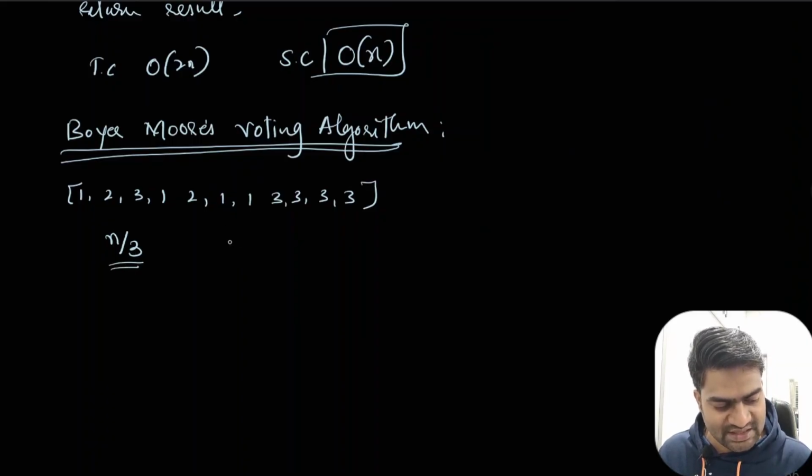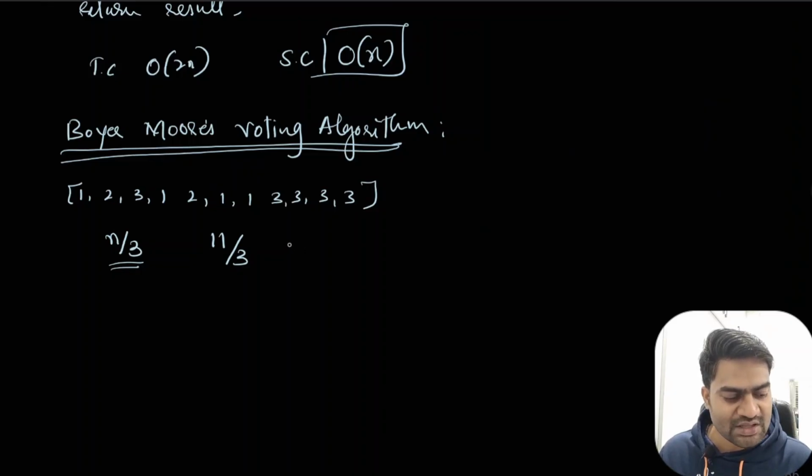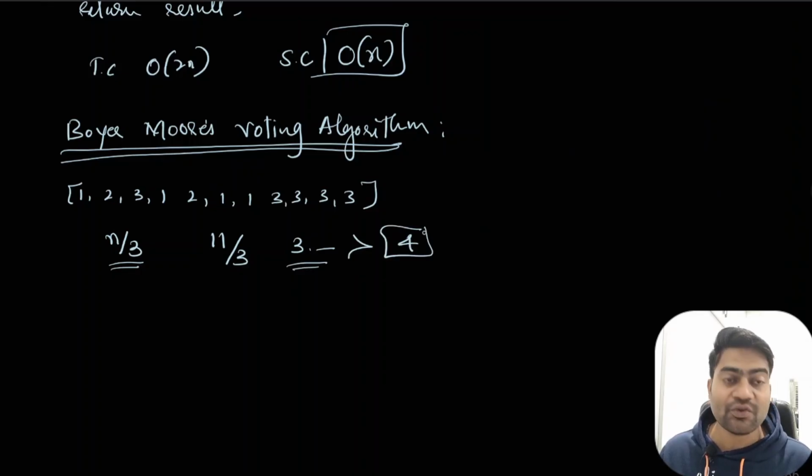So in this example, there are 11 votes. Out of these 11 values, if you do 11 by 3, it is somewhere around 3 point something. So it has to be greater than this value, which means at least 4 votes that candidate should get. There are 11 values here. If you subtract 4, then the remaining will be 7.